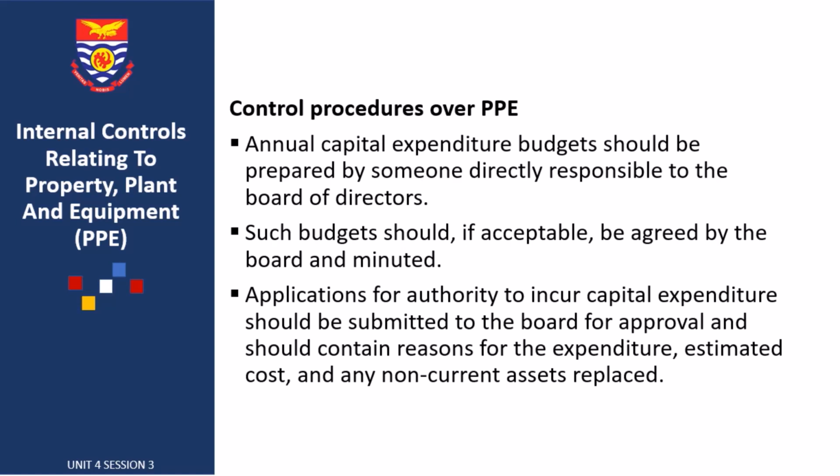Application for authority to incur capital expenditure should be submitted to the board for approval and should contain reasons for the expenditure, the estimated cost, and any non-current assets replaced. All these procedures must be followed when it comes to PPE.